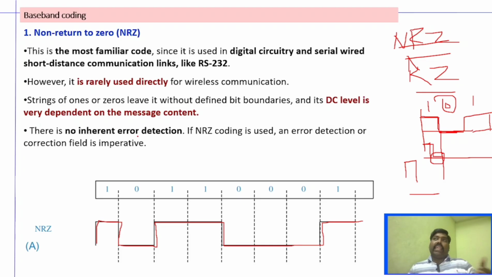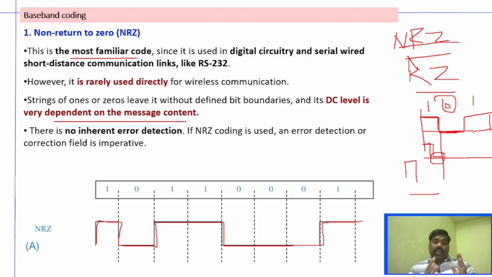And coming to the characteristics, as I said, it is the most familiar code in digital circuitry. Serial wired short distance communication links like RS-232 use this particular coding. It is rarely used in wireless communication. Strings of ones and zeros are left without defined boundaries, and the DC level is very dependent on the message content.